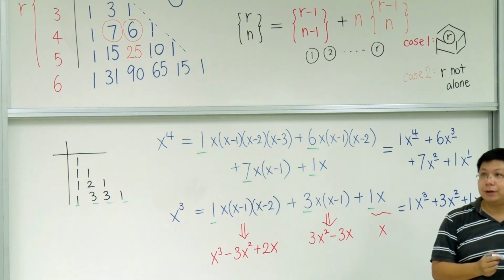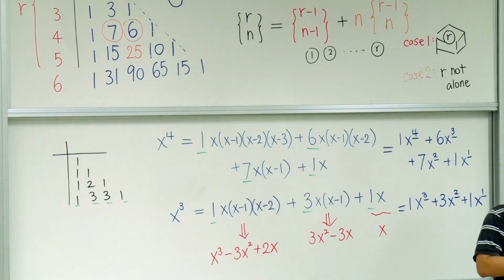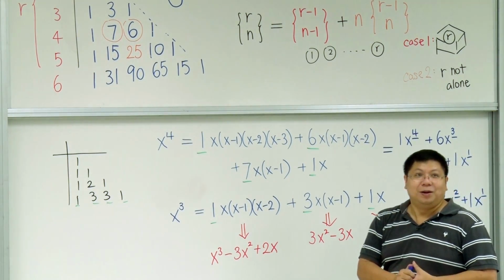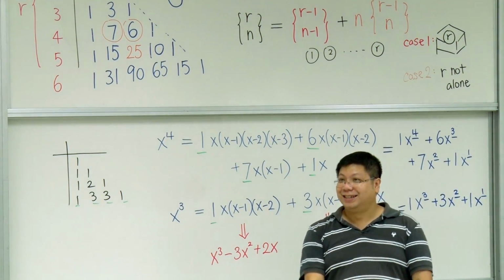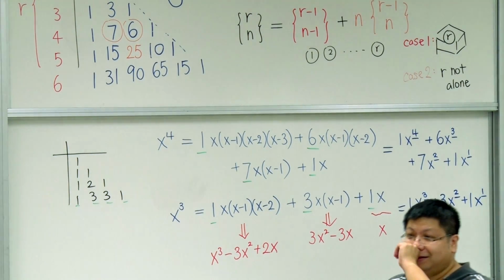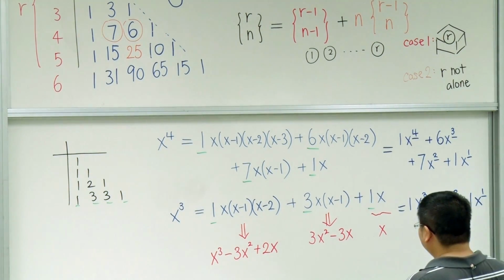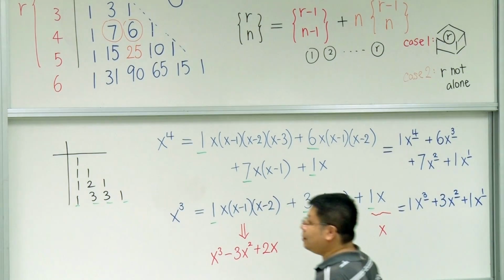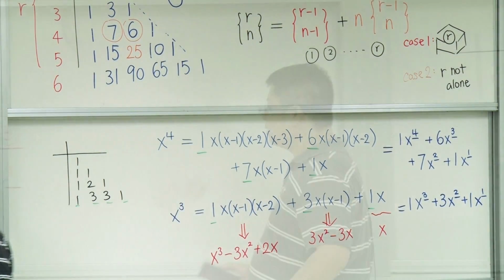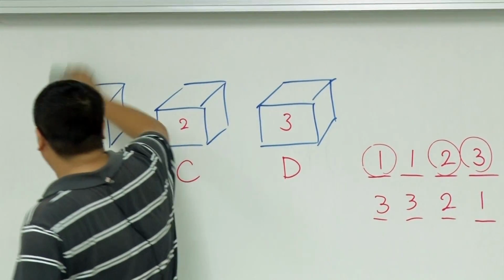So this is a very nice representation. Okay, now, why is it correct? Why is it correct? Let's focus on the case x to the power 4.